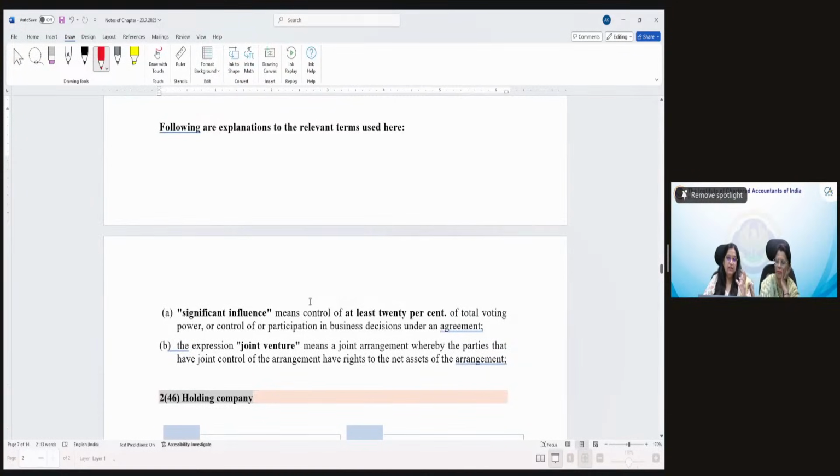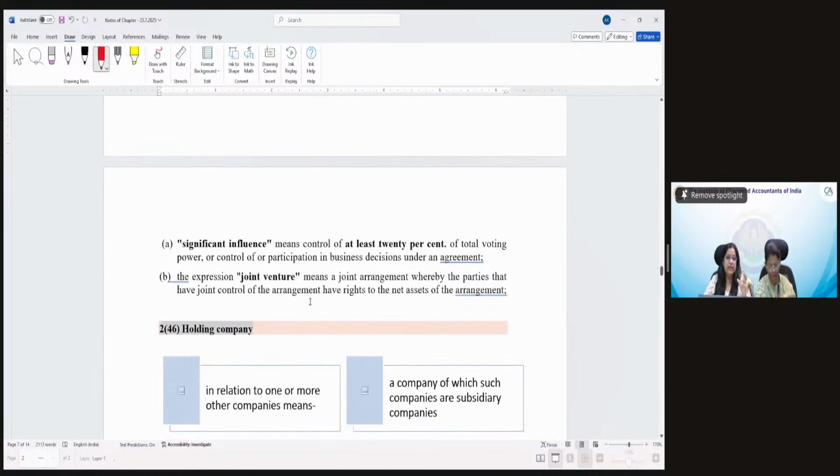The main thing is that we are using the word significant influence. Significant influence means control of at least 20% of total voting power. Total voting power has been defined later on and we will discuss that also. Or control of or participation in business.